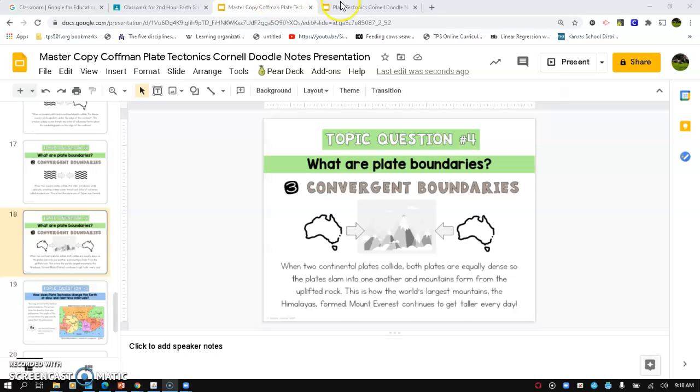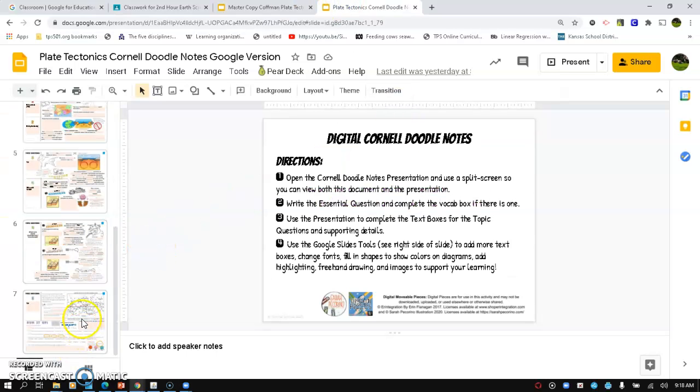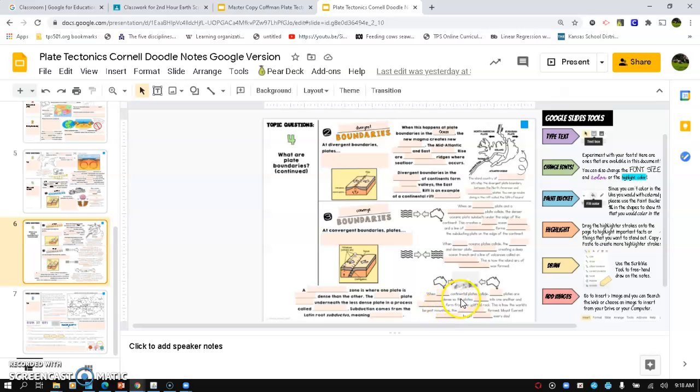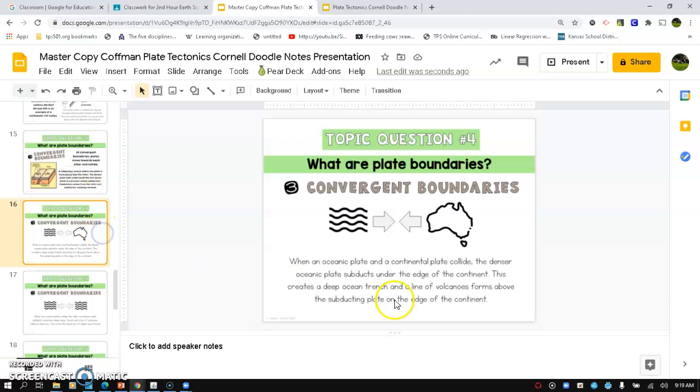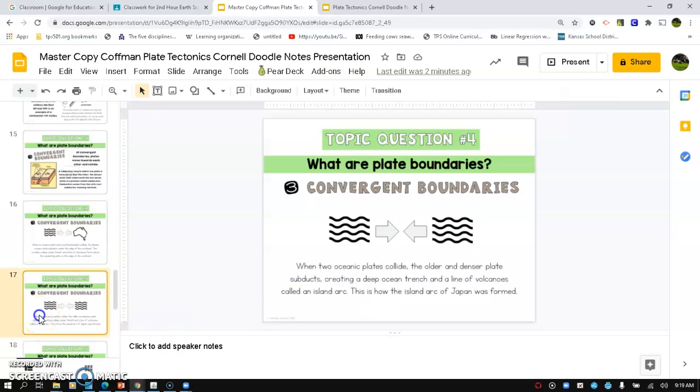So when we go over that, this would go here: continent versus continent, oceanic versus oceanic, and then oceanic versus continent. I have a little bit of time here on this video, so I'm going to let you have that so you can see. There's oceanic versus oceanic, old versus new.